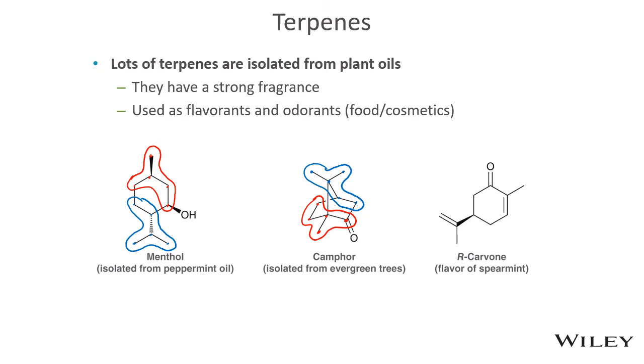With our carvone, 1, 2, 3, 4, the carbon attached to the second. And 1, 2, 3, 4 with the carbon attached to the second. So each of these molecules is made up of 2 isoprene units.